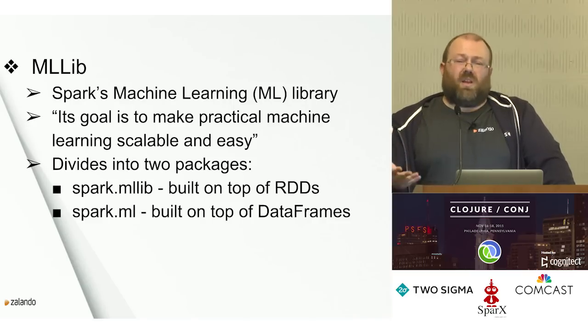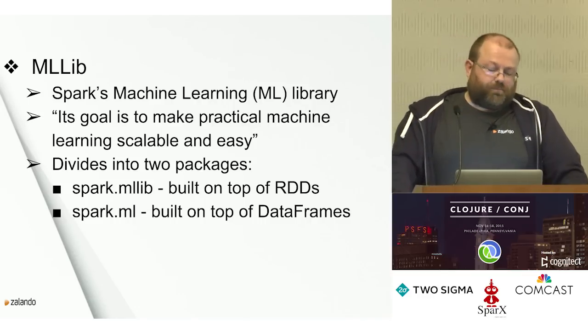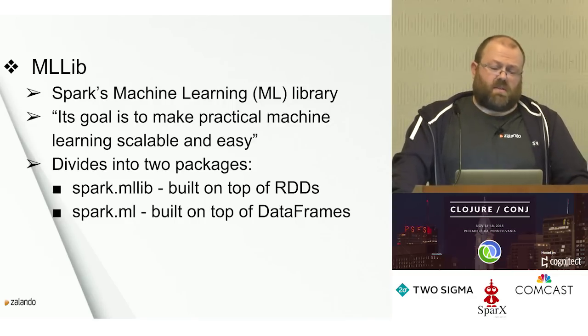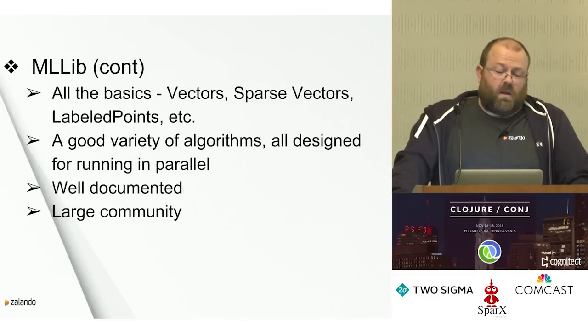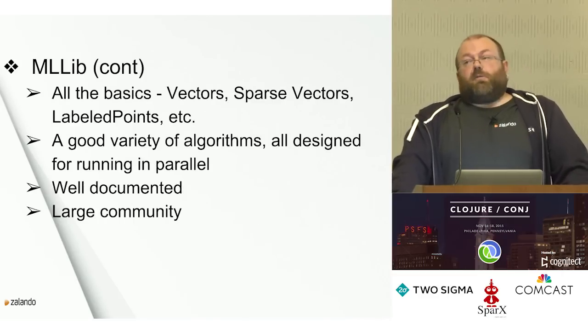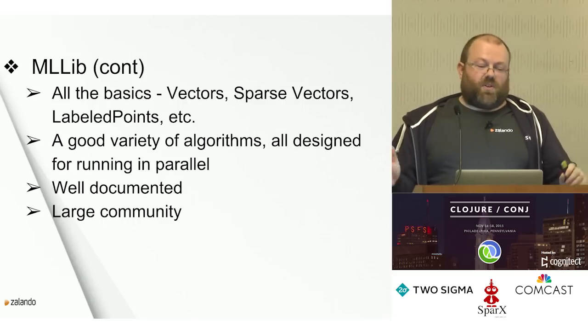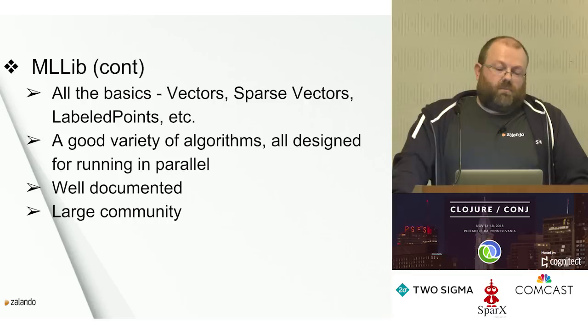You can think of it as a protocol, since there's really only 3 or 4 different things you do with your data, so they're trying to make it easy to do pipelines with this kind of setup. I'm not going to spend any time talking about pipelines because everything I had done to date had been in RDDs. But if you're starting, I would recommend starting with spark.ml if you can, because that's where all the new hotness is, and that's where all the query optimization and everything can happen.